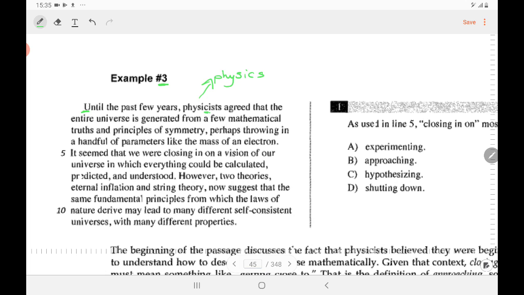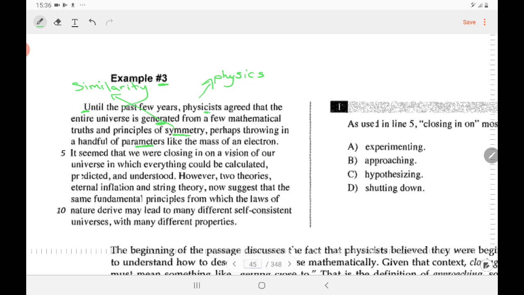Agreed that the entire universe is developed from a few mathematical truths, facts, and the principles of symmetry. Symmetry means similarity. Perhaps throwing in, like reaching a handful of parameters.